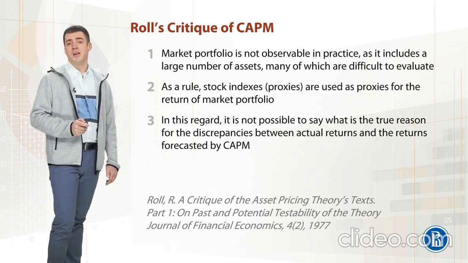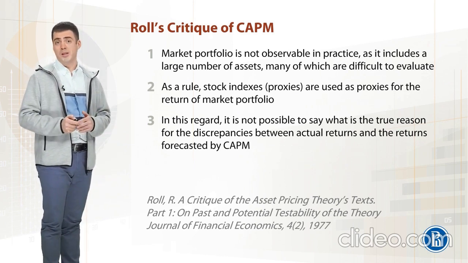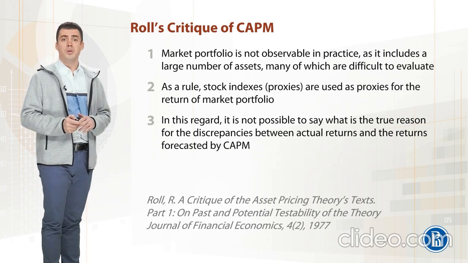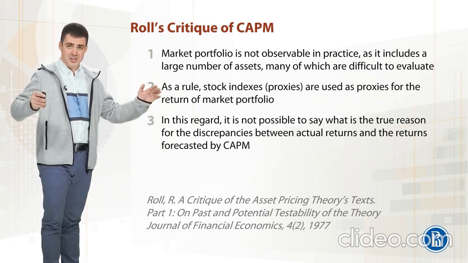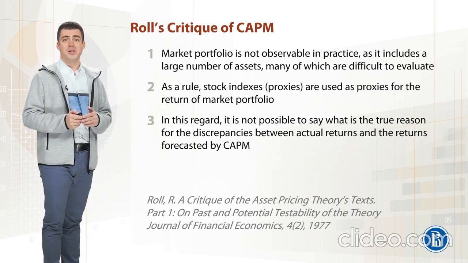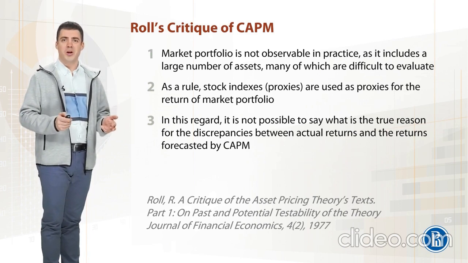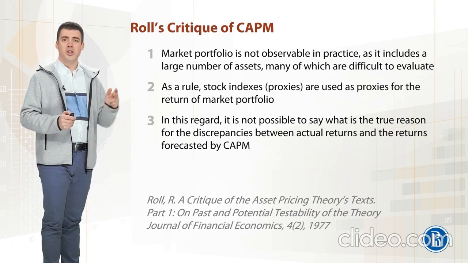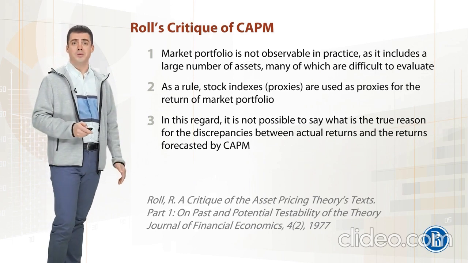The main idea is that the CAPM, which is based on the Markowitz model, implies that a market portfolio contains all the assets available in the market, which are not only limited to the publicly traded stocks, but also contain fixed income securities, commodities, shares in non-public companies, real estate, and even human capital.